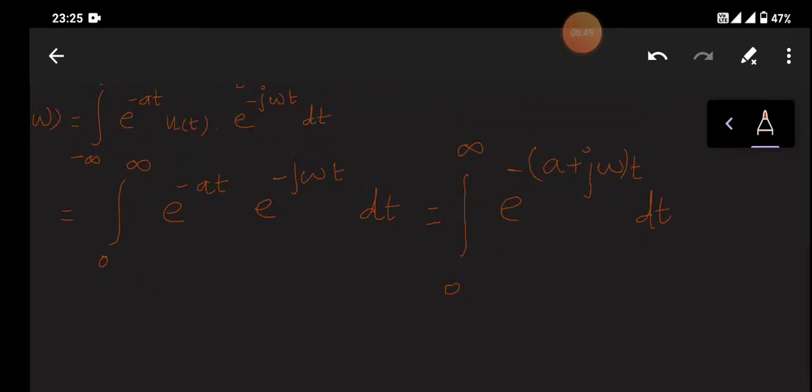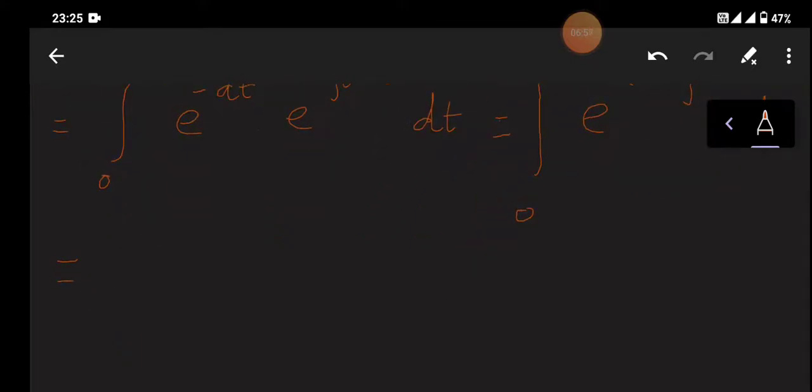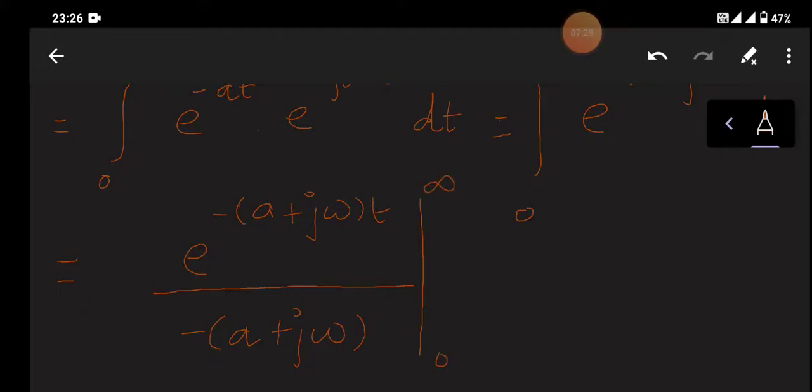When we do integration, the integration of e to the power minus (a plus j omega) t will be equal to e to the power minus (a plus j omega) t, divided by minus (a plus j omega), and the limits will be from 0 to infinity.